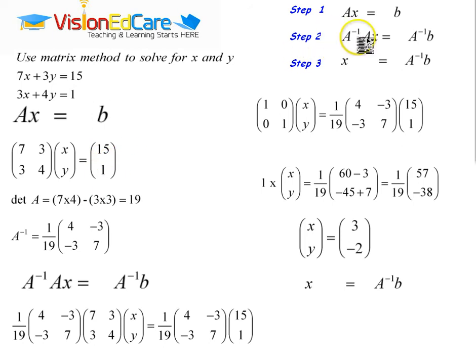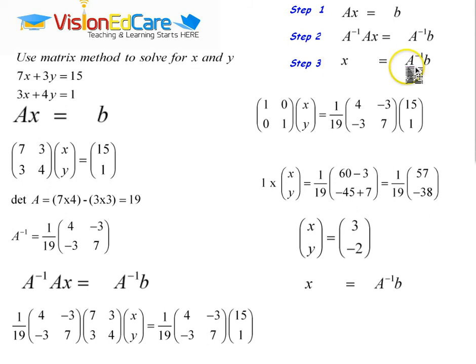And then the second step is to multiply by the inverse of the original matrix. And as you know, A inverse times A gives us the identity matrix, and the identity matrix behaves like 1, so 1 times x here just gives us x.